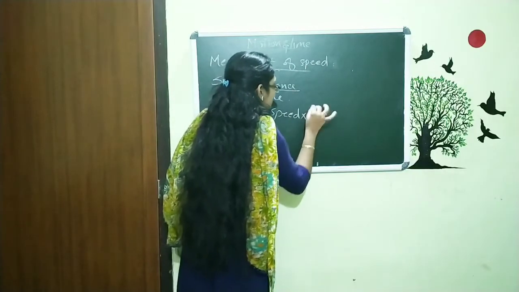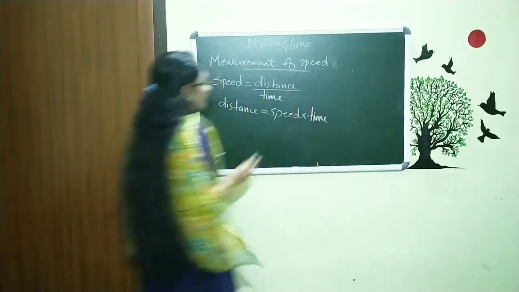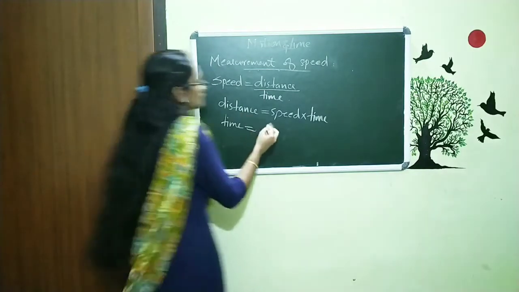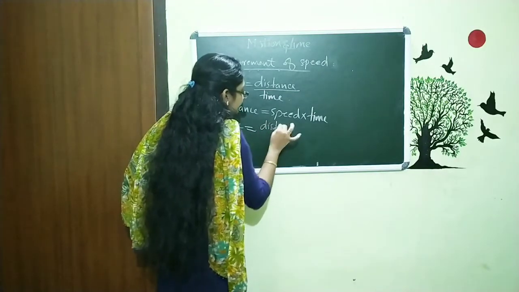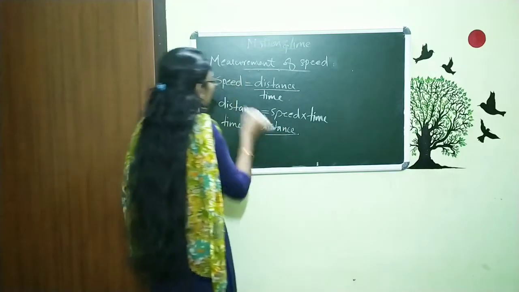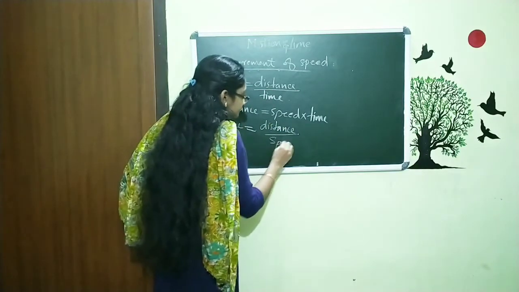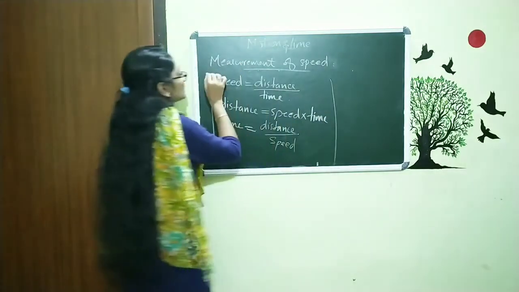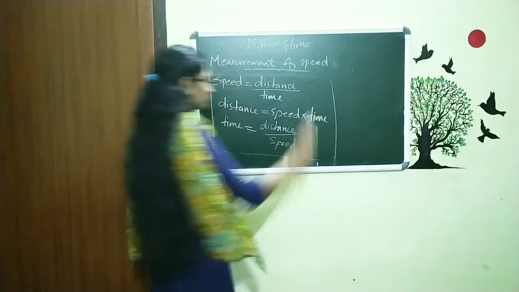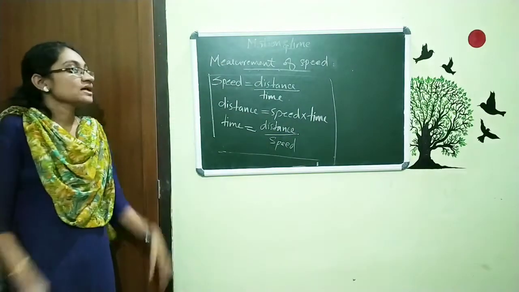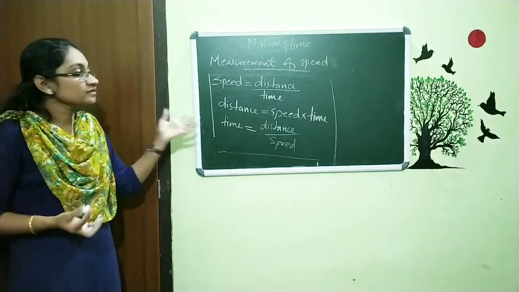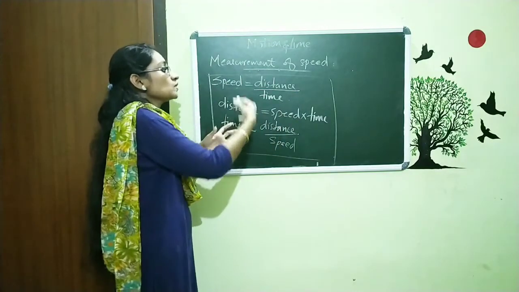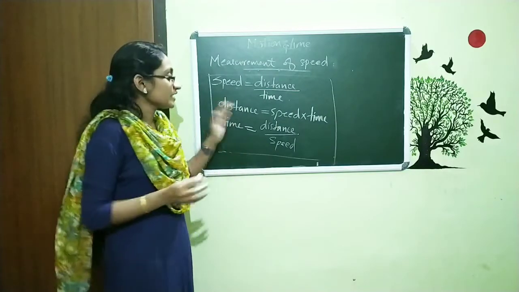And the third equation is time equal to distance divided by the speed. These are the three equations, and we have mathematical problems. So you want to remember these three equations and know how to do the problems. The only thing we need here is to know division and multiplication.